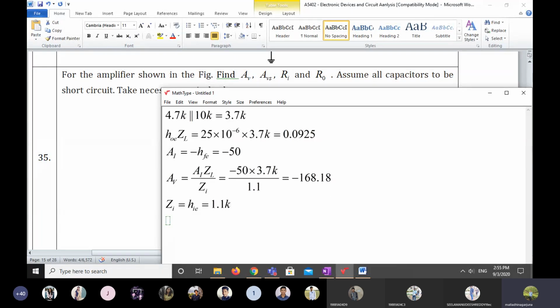All right. Finally, Z0. In the simplified model, Z0 is infinity. Output admittance means 0, output impedance is infinity. Sometimes you can write it like this also: Z0 dash equal to Z0 parallel to ZL, that is equal to 3.7K.